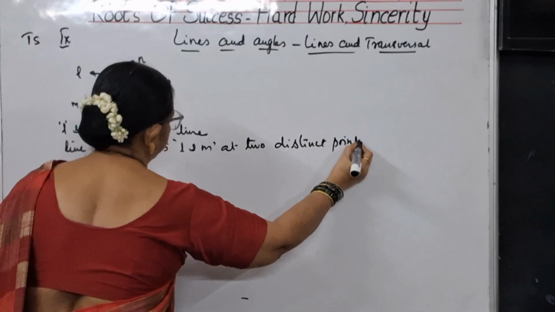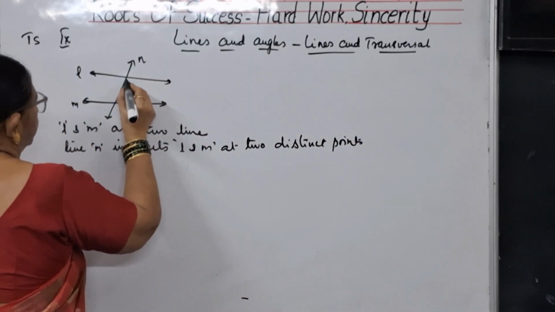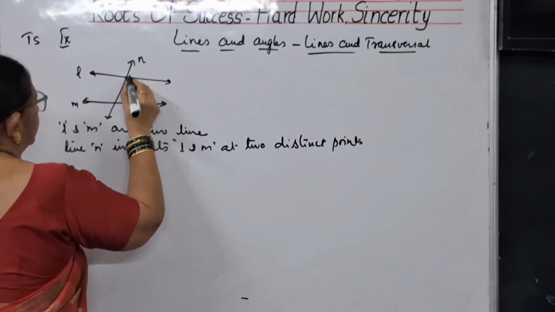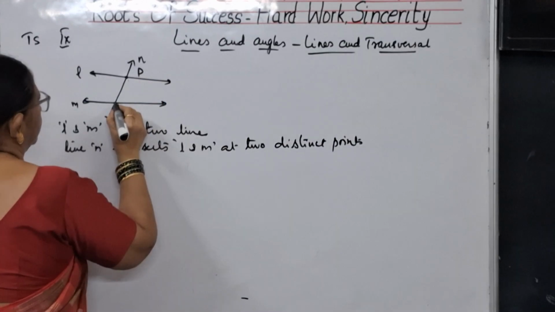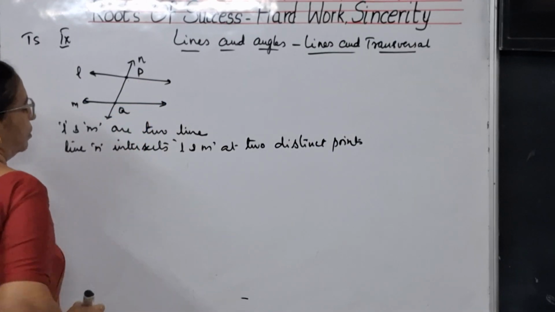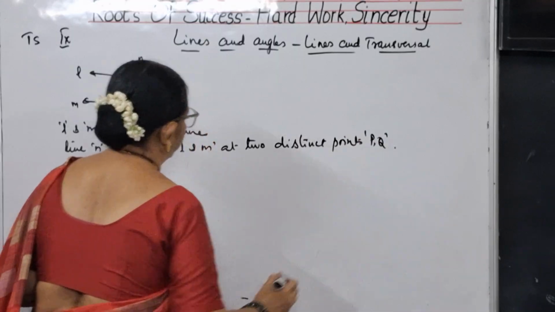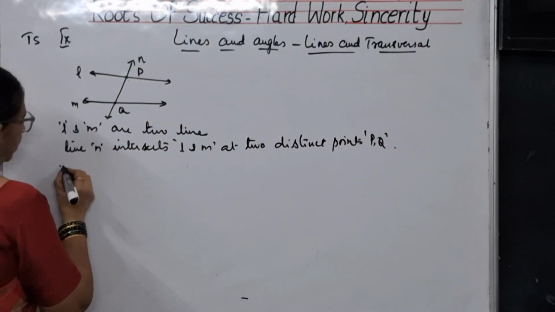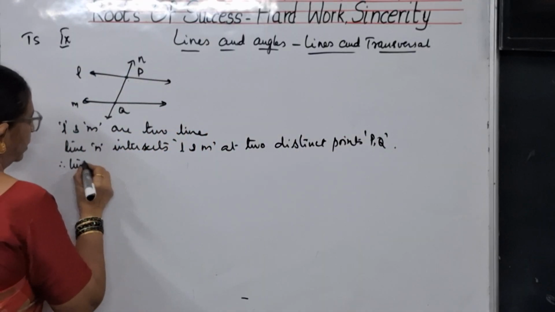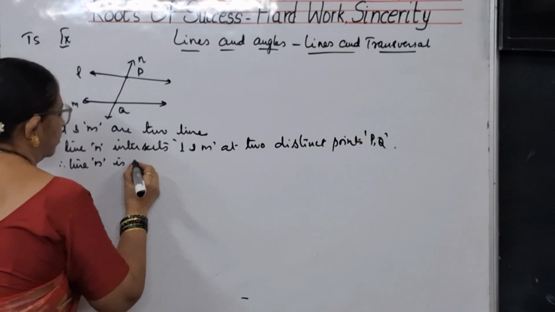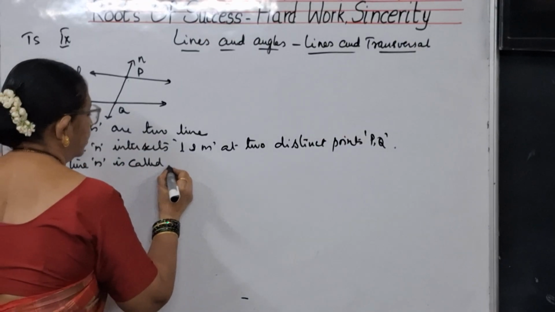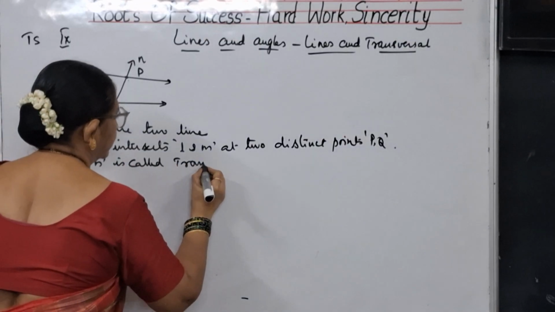Distinct points means separate points. Let me call this point P and this point Q. So, distinct points P and Q. Therefore, line N is called transversal.